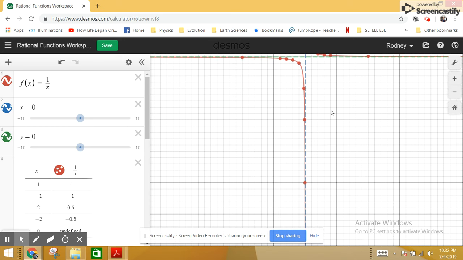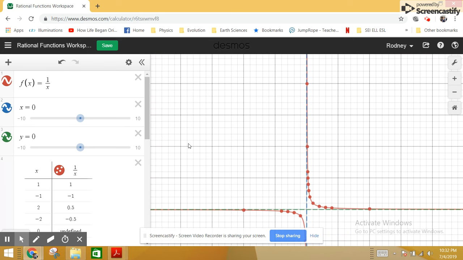All right, well, why does it get closer and closer? Well, it gets closer and closer to the y-axis because as the denominator gets smaller and smaller in a positive or negative sense, the function shoots off towards infinity or negative infinity, because you've got a 1 over a smaller and smaller thing, until you get to 0, in which point you can't do that because there is no number of zeros that would equal 1.